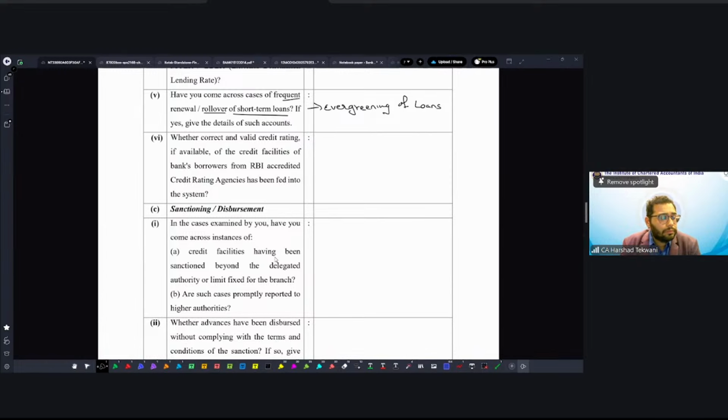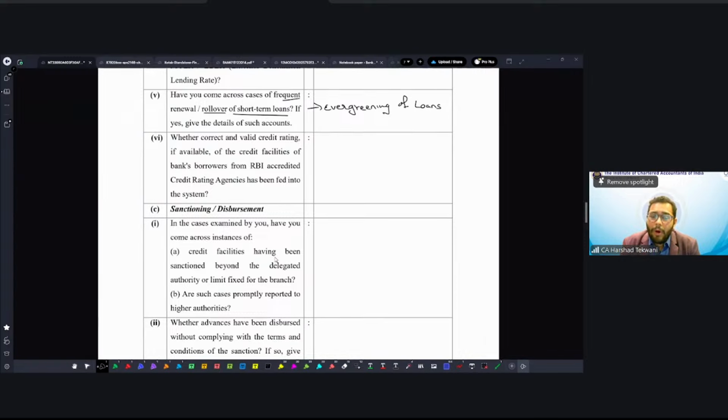Anyone? Yes, no? That you give another loan to the borrower so that he can pay the first loan. And in this way, you reduce or change the aging of the loan.